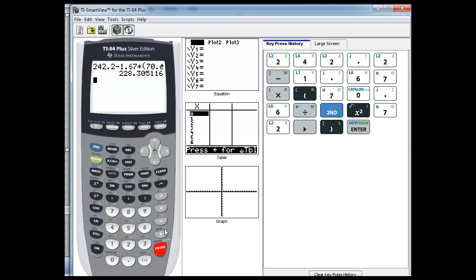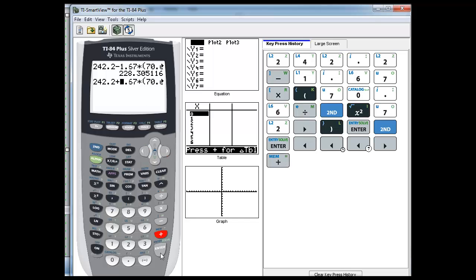All right, that gives me my lower value, and I'll just hit second, enter. That brings up my last entry, and I can edit this. The only thing I need to do is change my minus sign to a plus, and that will give me my upper value.